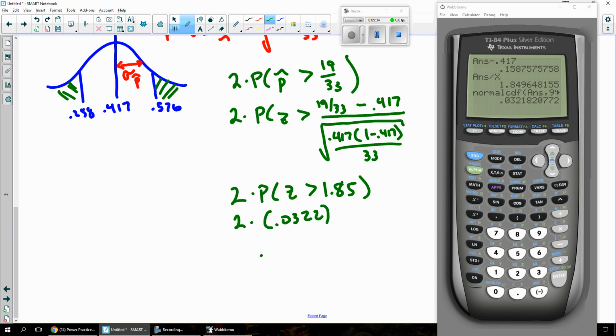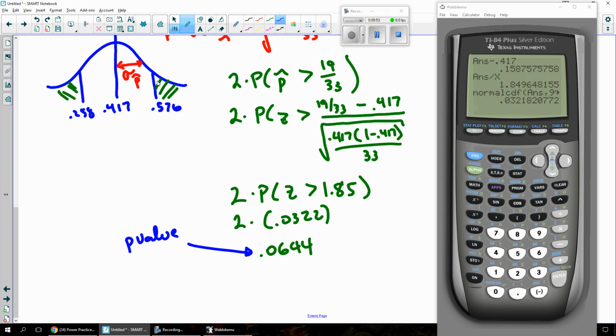So I double that, and this right here that I just found is the p-value. So mathematically, there's the steps you have to do.